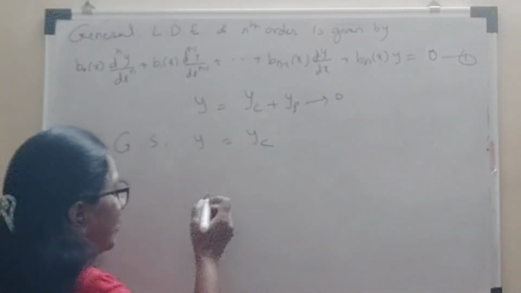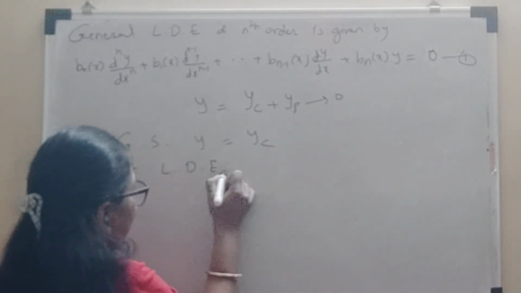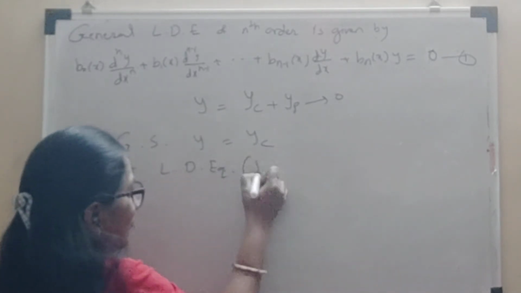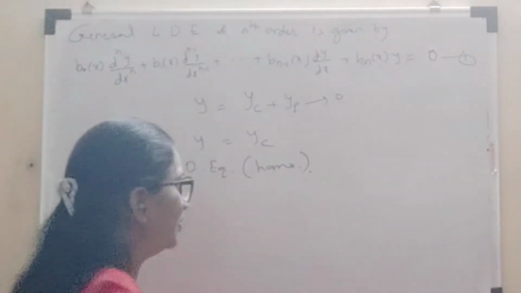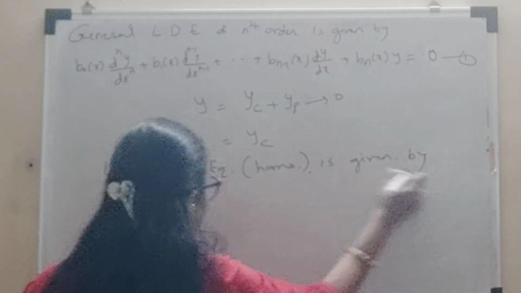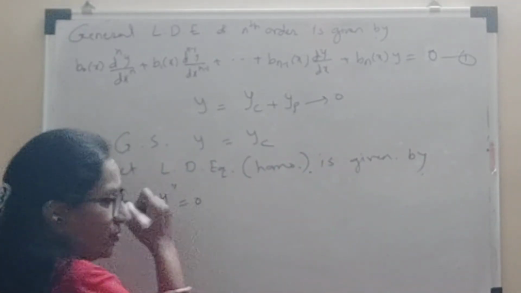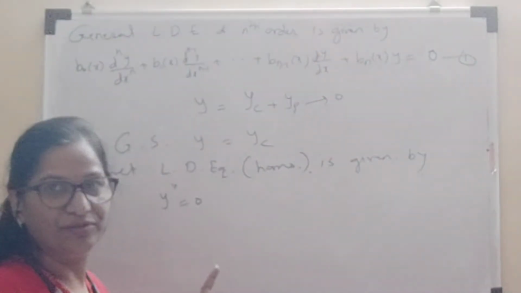Take a simple example of a linear differential equation, obviously homogeneous. We focus first on the homogeneous case, given by y double dash = 0, and we are interested in finding its solution.